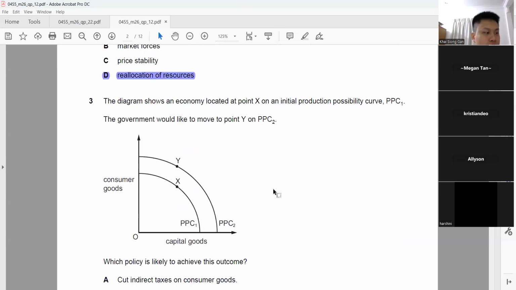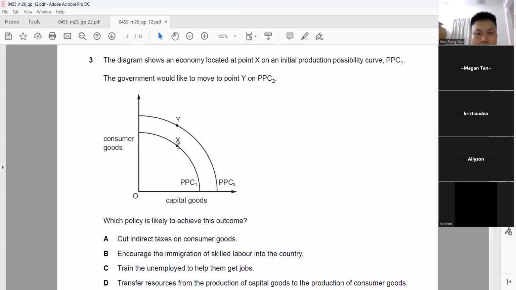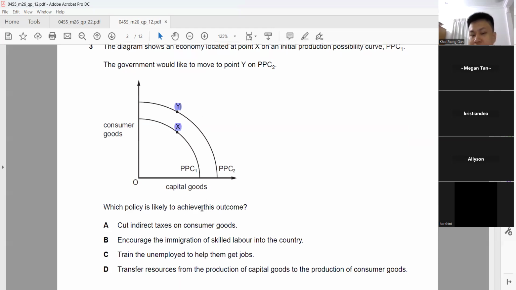Question 3. The diagram shows an economy located at point X on an initial PPC curve. The government would like to move from point X to point Y. Which policy is likely to achieve this outcome?